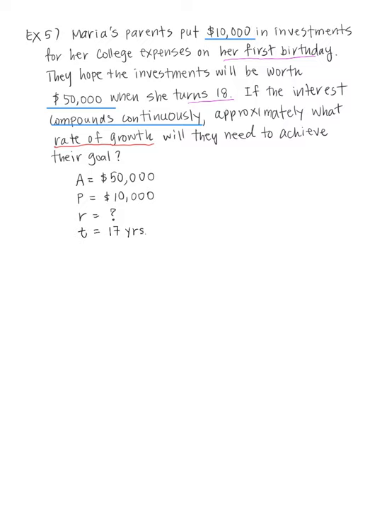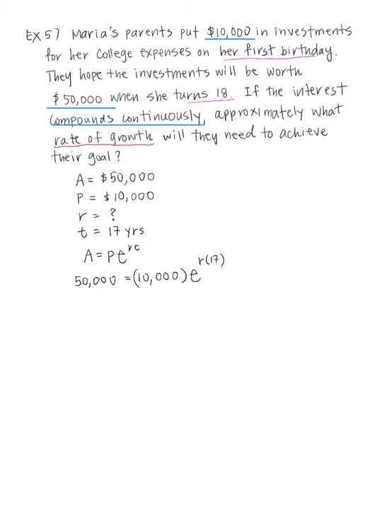So let's first write down the compound interest formula we're going to use: A equals P e to the RT. Remember, R is what we're looking for. Let's plug in all the values that we have. So we have 50,000 equals 10,000, times e to the R, and then t is 17.